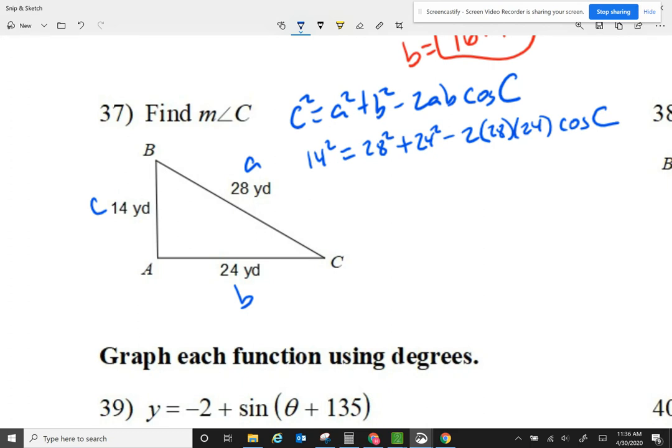I cannot type everything all at once because on the right side of the calculator I have a letter C. I don't know what angle C is, so I'm just going to simplify things a little.